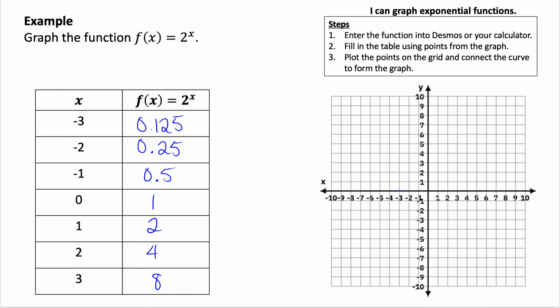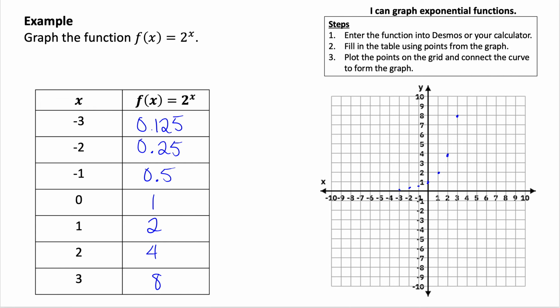At -3, we're just a little bit above at 0.125. At -2, we're about a quarter of the way above. At -1, 0.5, so about halfway. And then 0, 1, 1, 2, and then 2, 4, and then 3, 8.